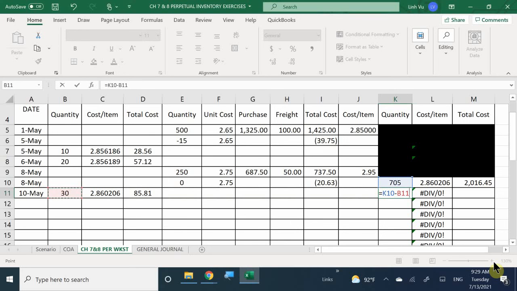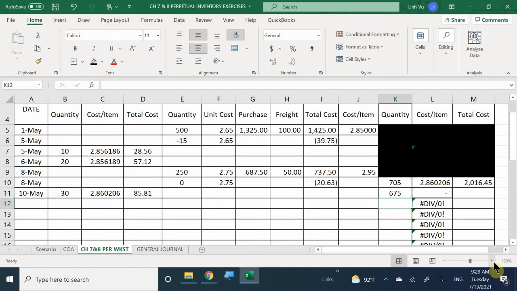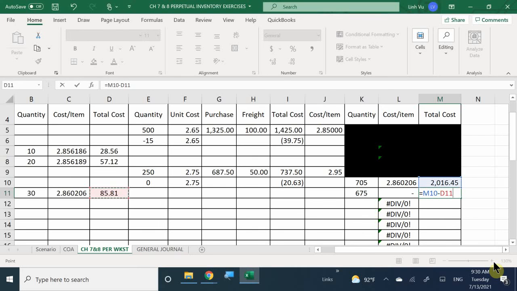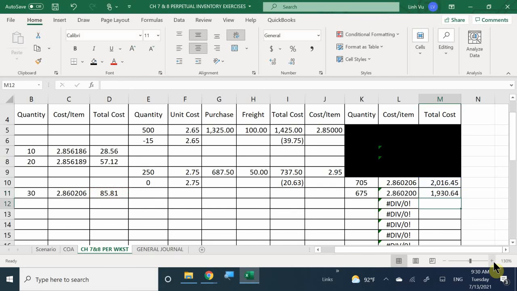So what's my total quantity? 675. What's my total cost? $1,130.64.